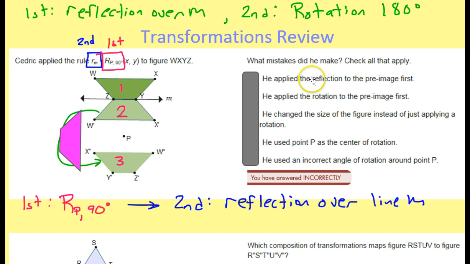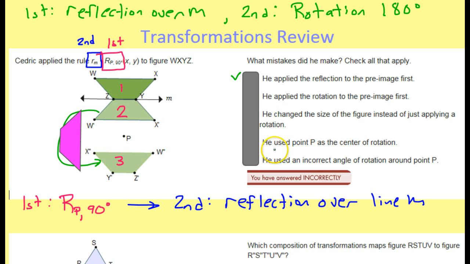So let's look for the statement that mentions both of those two mistakes. He applied the reflection to the pre-image first. Yeah, that was definitely a mistake. He applied the rotation to the pre-image first. No, he didn't do that. He was supposed to do that. He changed the size of the figure instead of just applying rotation. No, same size.